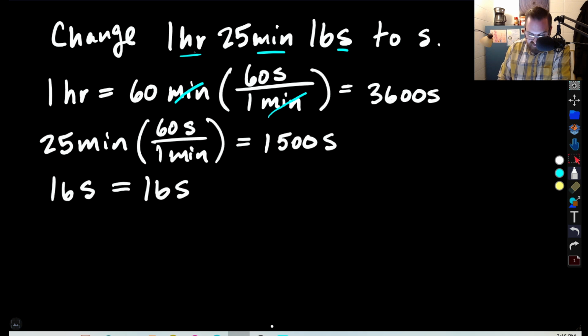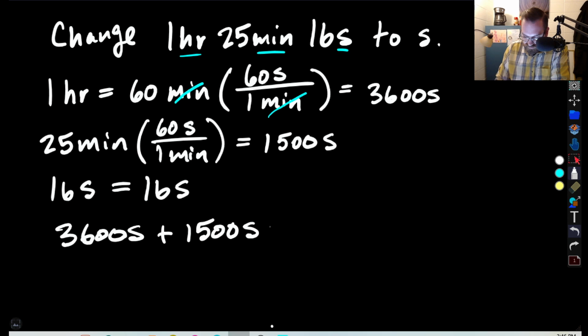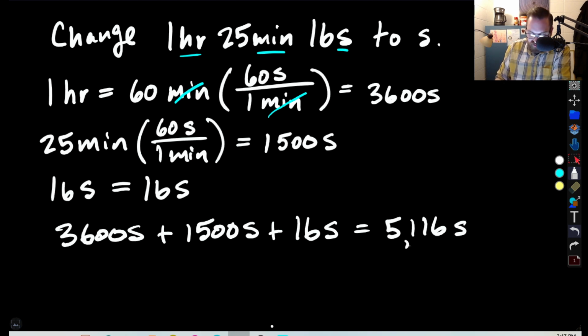So my 1 hour, 25 minutes, 16 seconds is really going to be 3,600 seconds plus 1,500 seconds plus 16 seconds. And as a result, after I do all of the adding, I'm going to end up getting 5,116 seconds. And that's how long an hour and 25 minutes and 16 seconds is. Okay, so that's going to be my final answer.